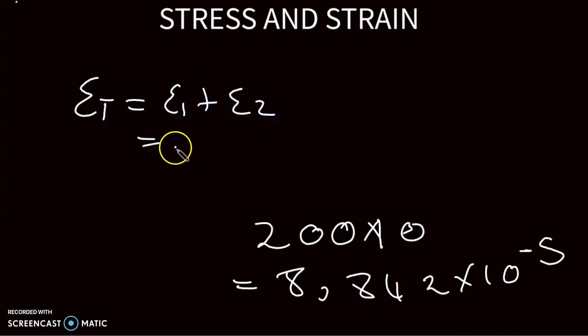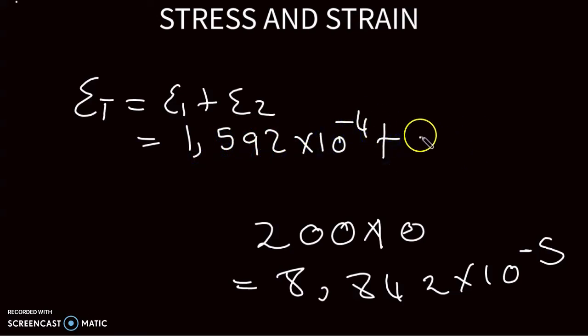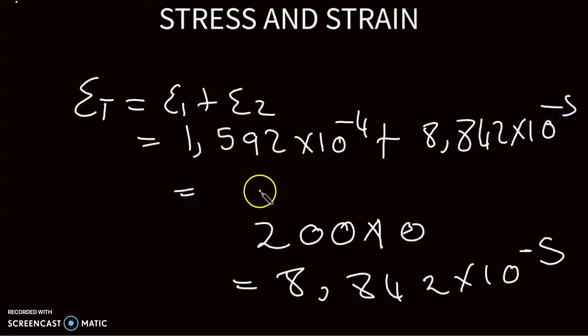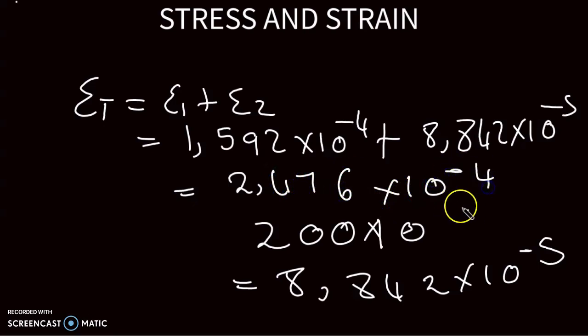Strain number 1, we got it as 1.592 times 10 to the power negative 4 plus strain number 2, which is 8.842 times 10 to the power negative 5, and then we get our total strain as 2.476 times 10 to the power negative 4. This is our total strain. And then we go to the last question.